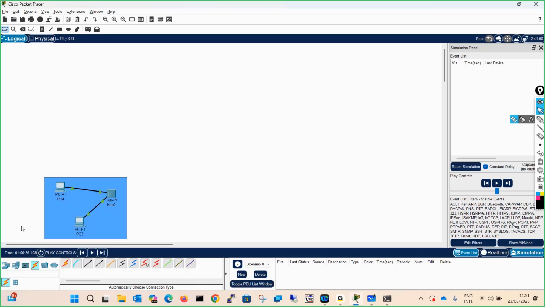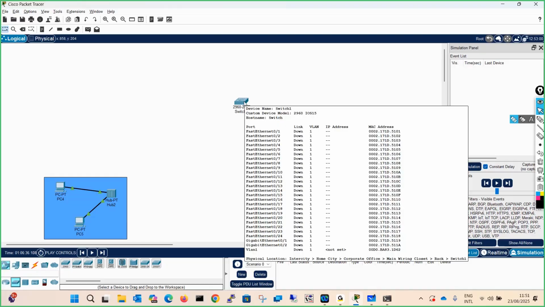We have learned that when we talk about a switch, it is a per-port collision domain, and it's a single broadcast domain device, right? Take one switch over here. This switch has many ports.